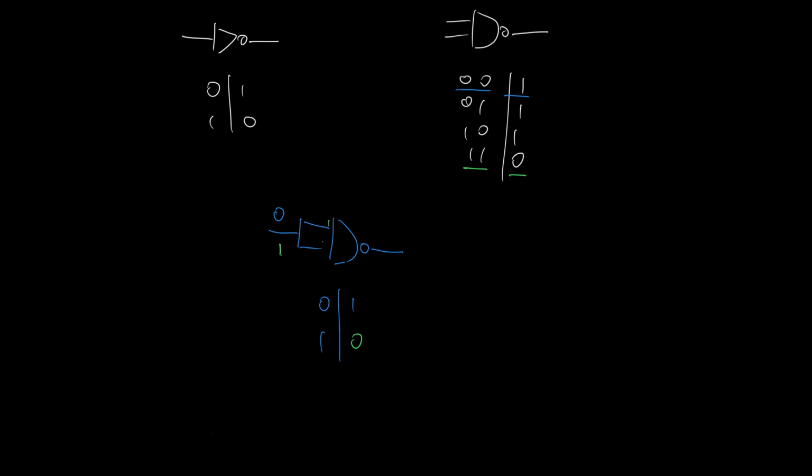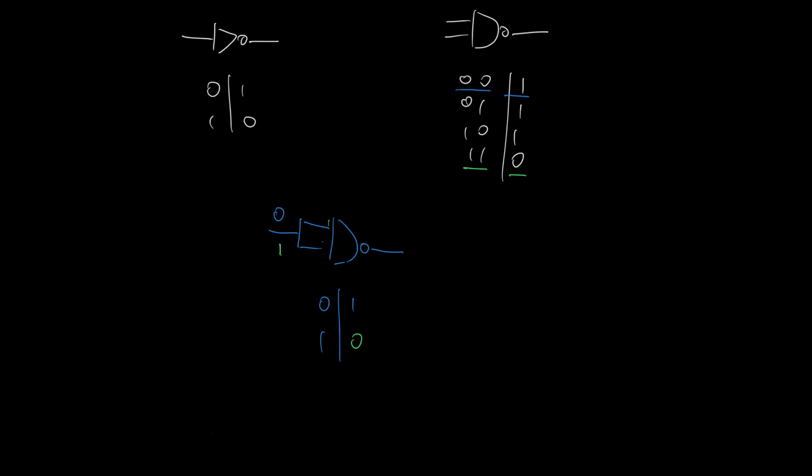And my NAND gate gives me a 0 when I've got 2 1s coming in. And so therefore, if I now put this through my NAND gate here, I expect that this circuit here implements an OR gate. And finally, let's check it.